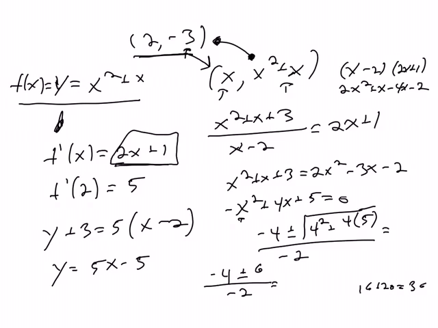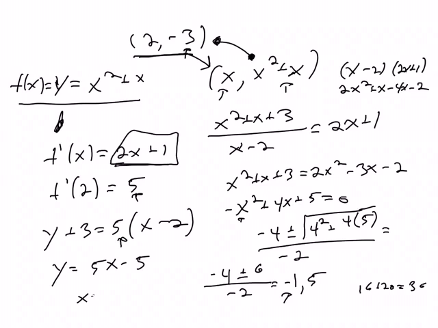Negative 4 plus 6 is 2, so it's going to give me negative 1. And then negative 4 minus 6 is negative 10, so that gives 5. So we already found the 5, right? Here we have slope 5. So the other point is going to be negative 1.